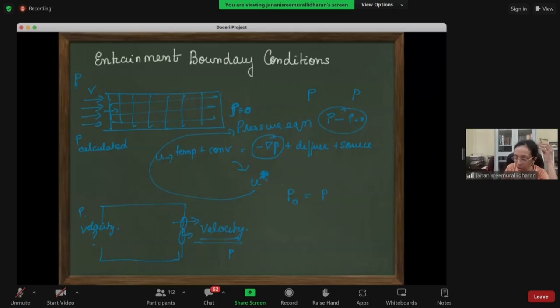The stagnation pressure is static plus dynamic pressure, correct? So if I specify stagnation pressure at the inlet, then it will say P is equal to P naught minus half rho U square. When it's solving, it will first calculate P naught and U, based on an initial condition that you set in the entire domain, and it will calculate pressure P and solve.